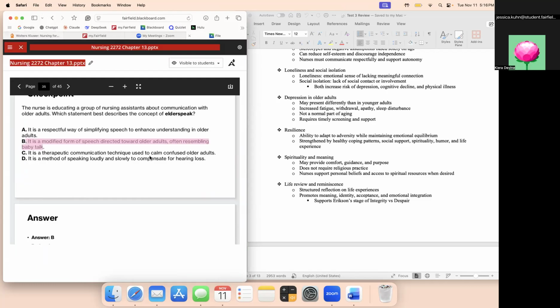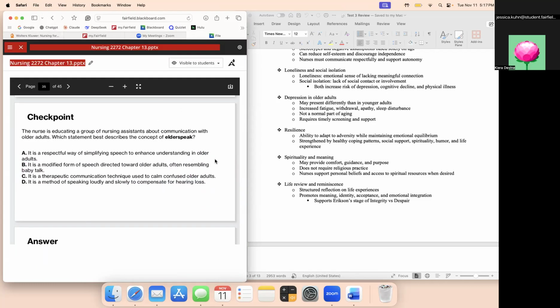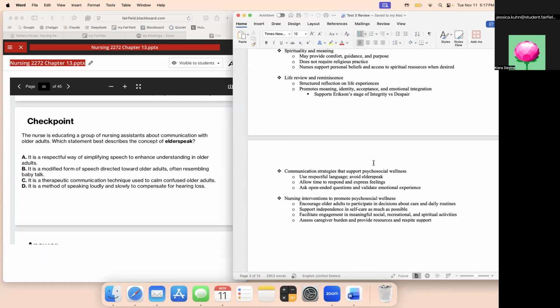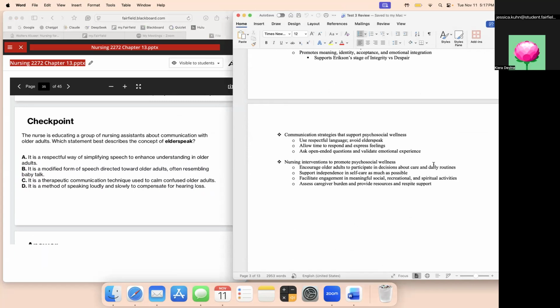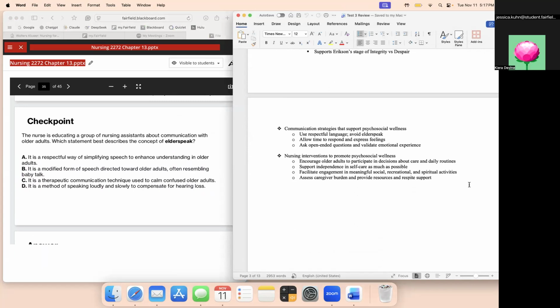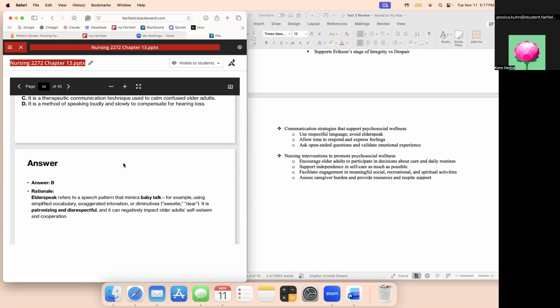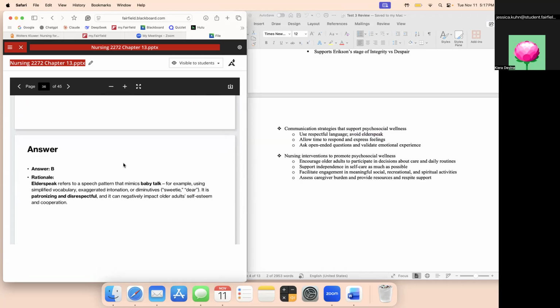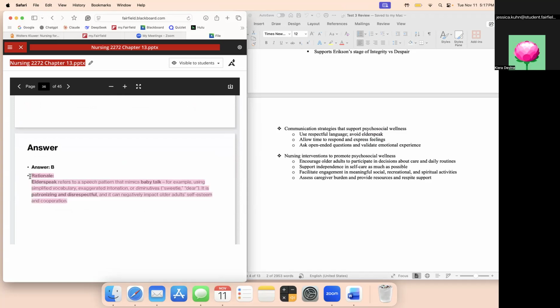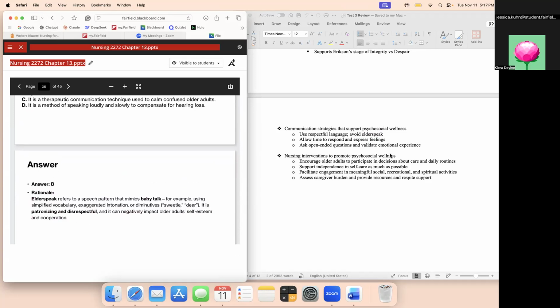But if it's in here as a checkpoint, whatever she said, I would reference it. Because what I have here is avoid elder speak. So, for example, yeah, this is absolutely something to avoid.